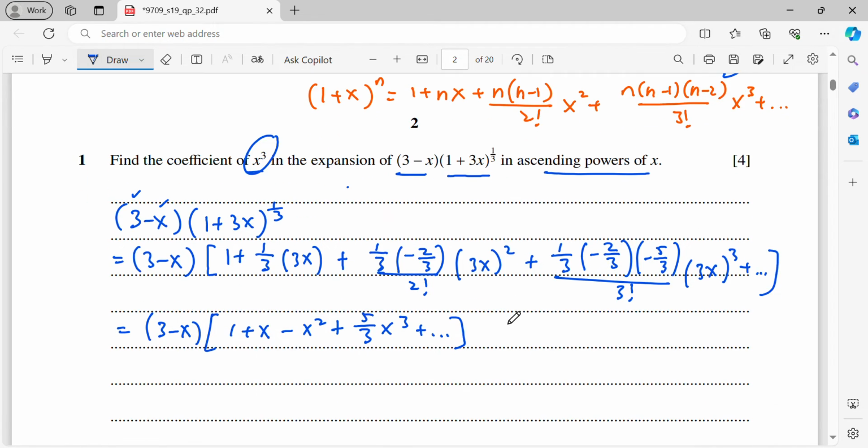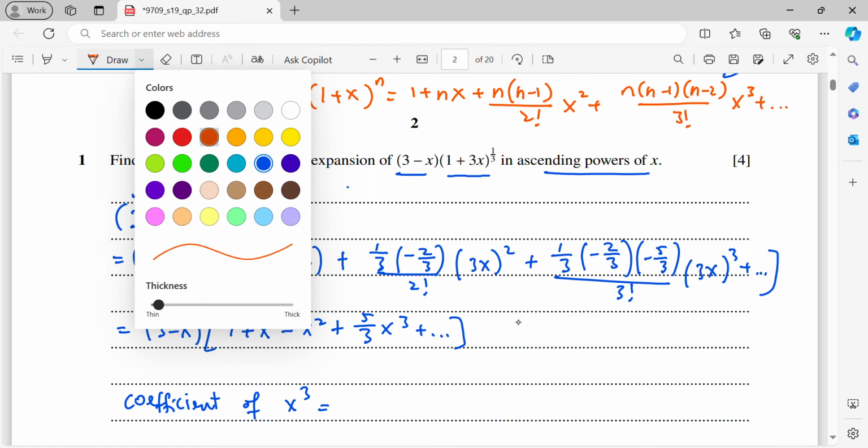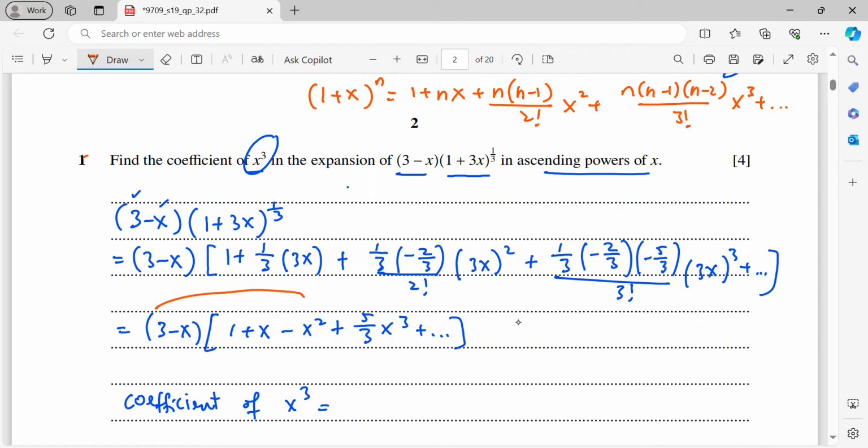Okay, then from here, to get the coefficient of x cubed, for this 3, I need to multiply with 5 over 3 x cubed in order to get x cubed. And then for this minus x, I need to multiply with minus x squared.